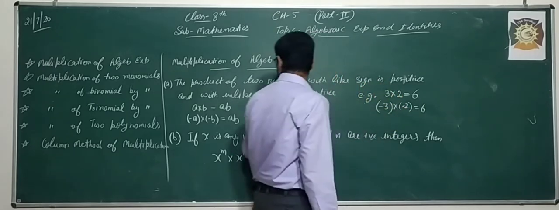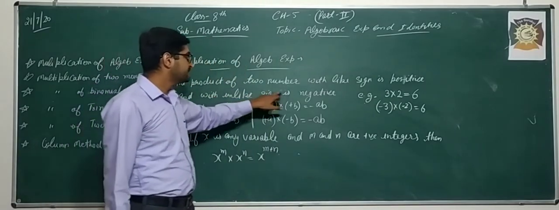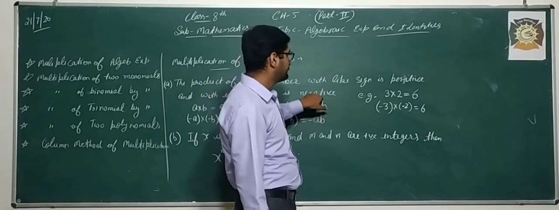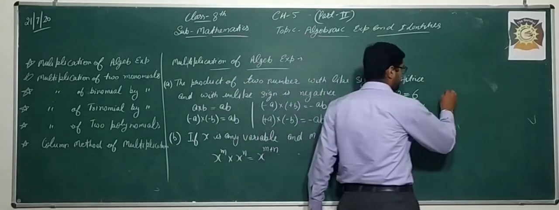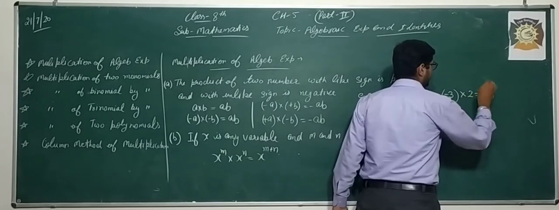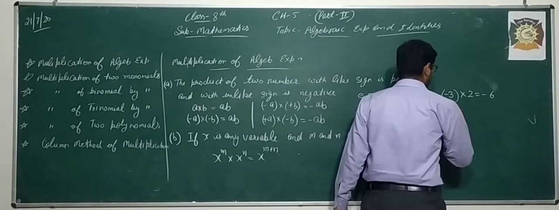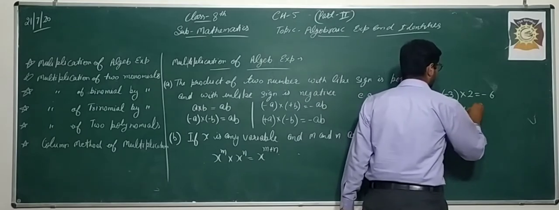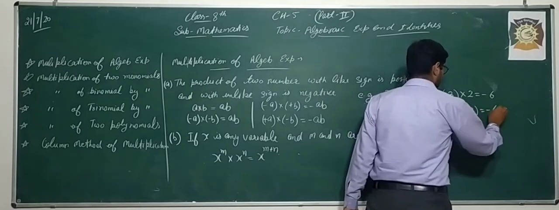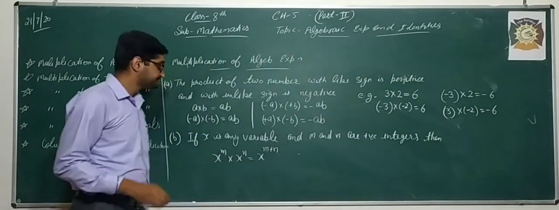Then the answer is positive. And if the signs are unlike, the answer is negative. Here, if 3 is negative and we multiply it by 2, the answer will be minus 6. Or if 3 is positive and we multiply it with minus 2, again the answer will be minus 6.